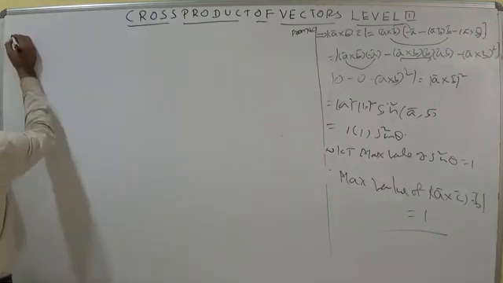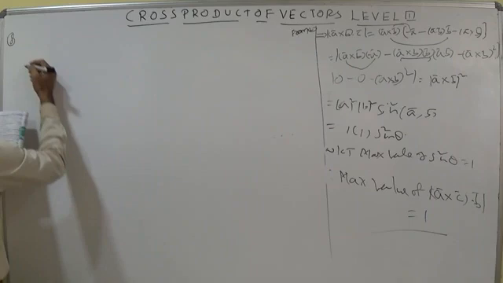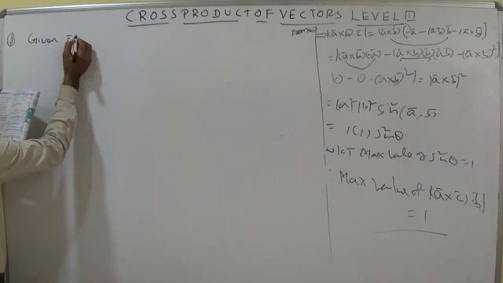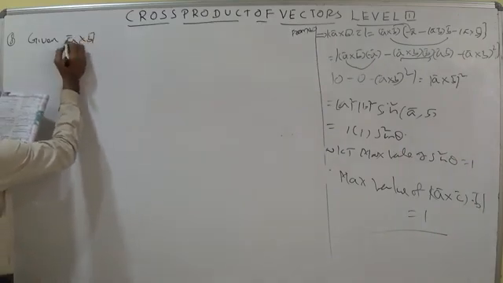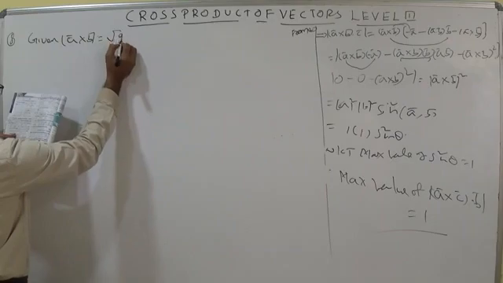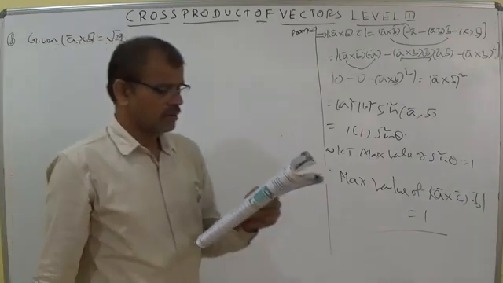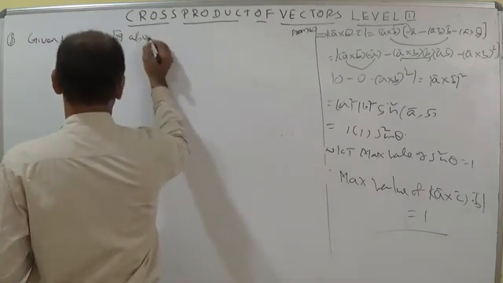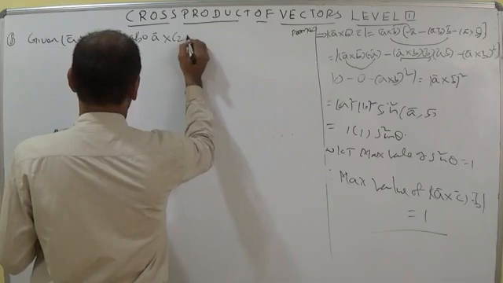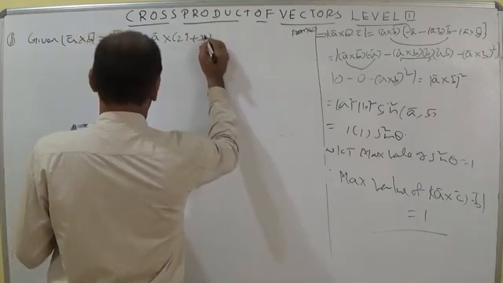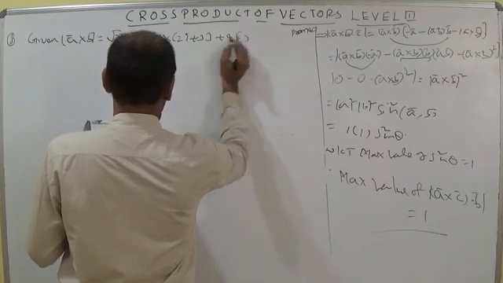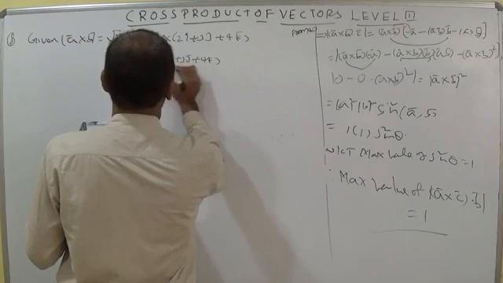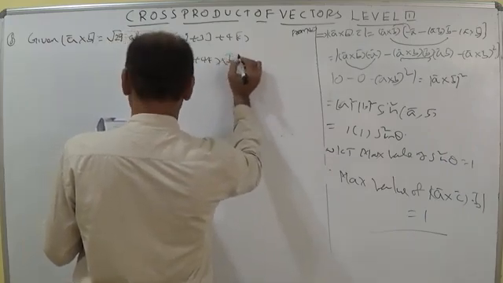If A bar and B bar are vectors such that, given condition modulus of A cross B is equal to root 29, and also A cross of a vector he given 2i plus 3j plus 4k is equal to 2i plus 3j plus 4k cross B bar.